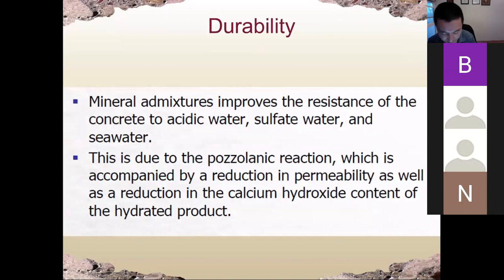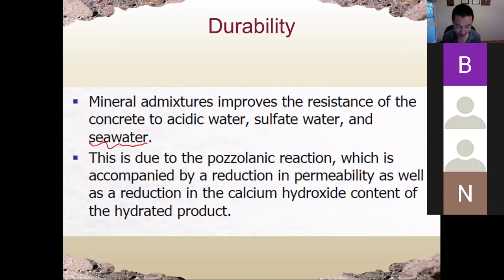So mineral admixtures can improve the resistance of concrete to acidic water, sulfate attack, seawater. Inside the seawater, we have a lot of chloride, which could potentially cause corrosion of reinforced concrete.